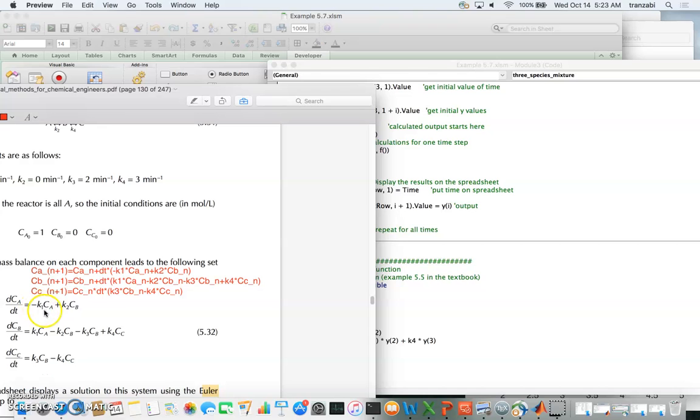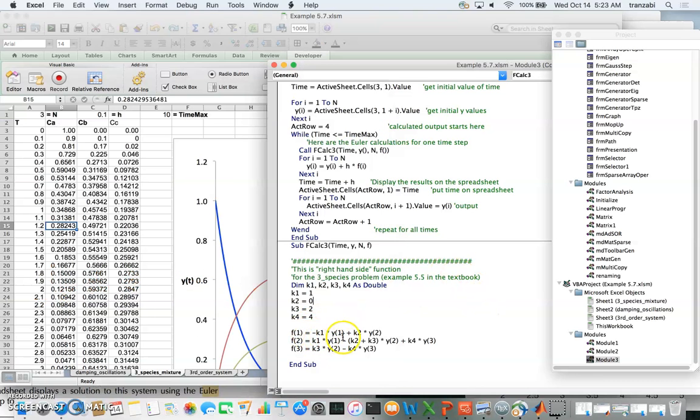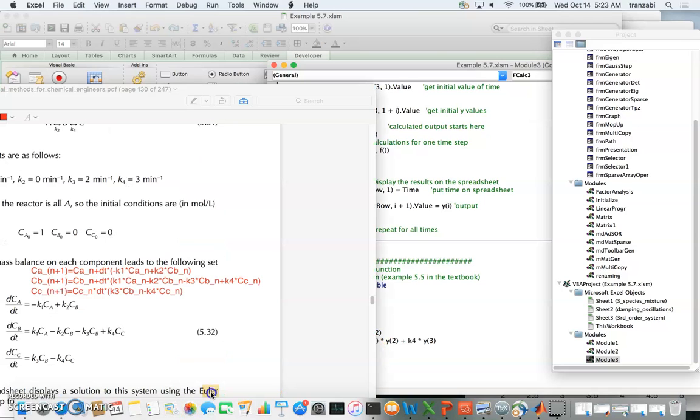CA is going to be the first element of y, and then CB is going to be the second element of y, and then CC would be the third element of y. Okay, that corresponds to CA, CB, and CC.